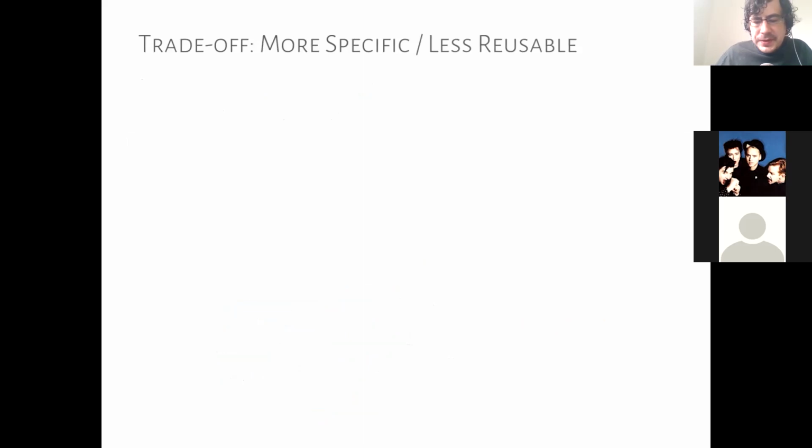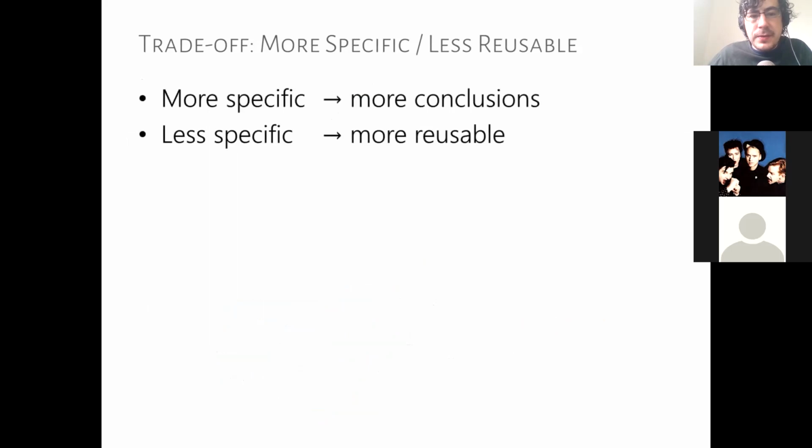Okay, so there is a trade-off here related to the has capital city property that we've seen, for example. There's a trade-off between being more specific and being more reusable, right? The more specific we are in the definition of our semantics, the more conclusions we can get from the inference from the semantics. The less specific we are, the more reusable our terms will be.